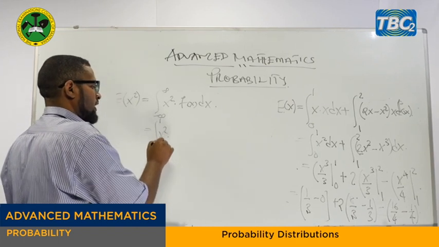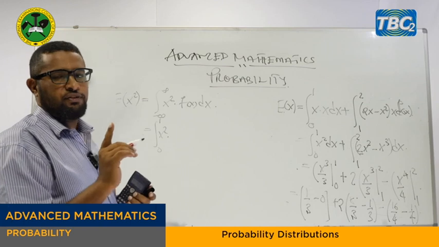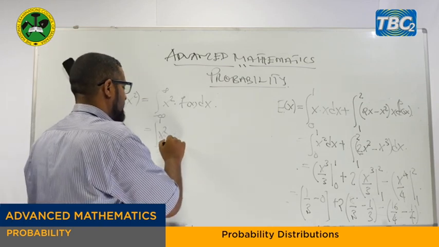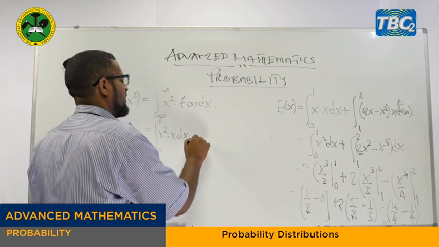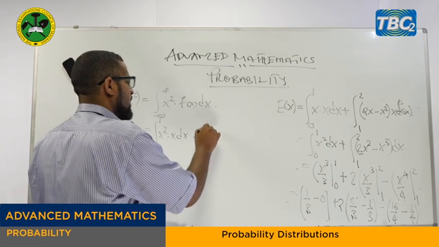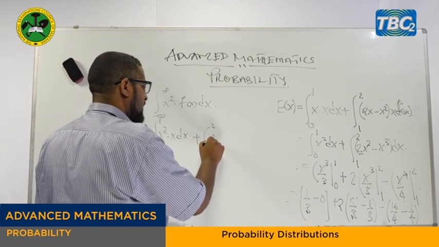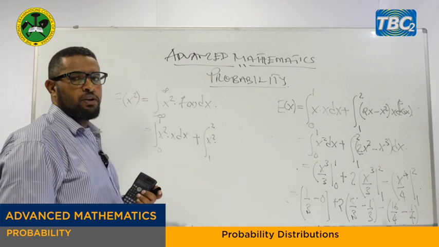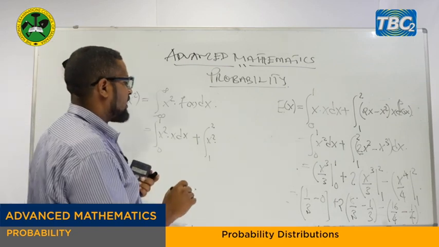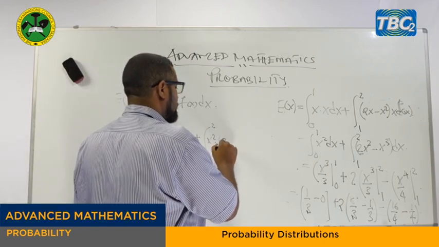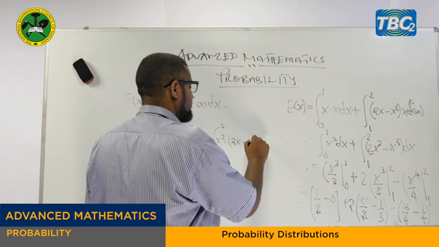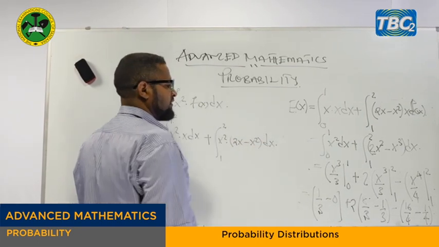x squared. Now we are multiplying with our given function, which is x, dx. Then we add the integral from 1 to 2 of x squared, from the formula, multiplied with our second function, which is 2x minus x squared, dx.